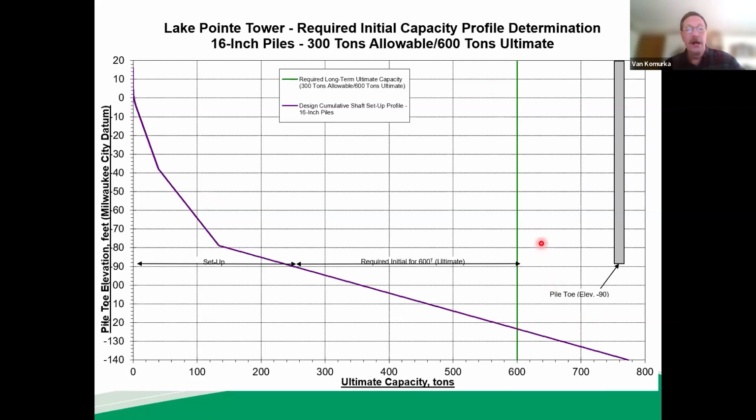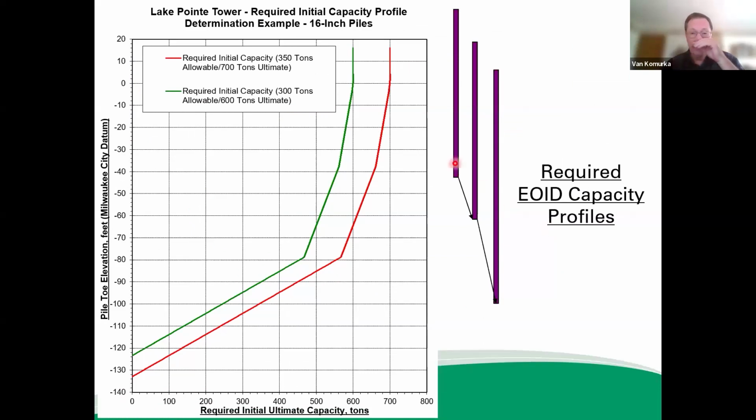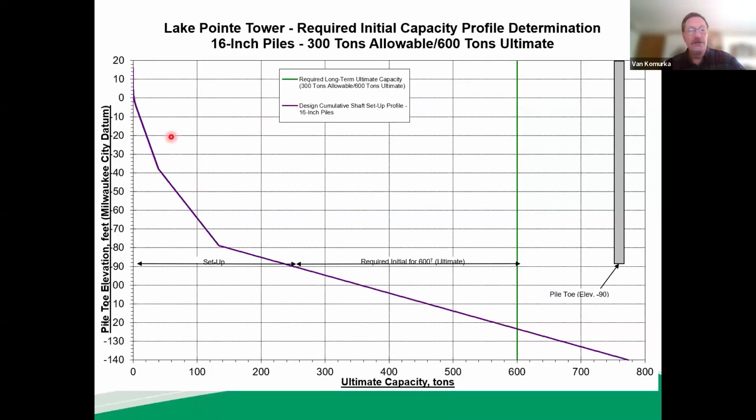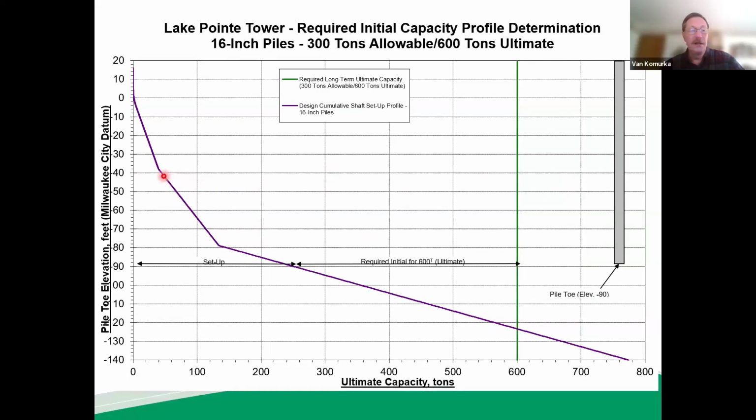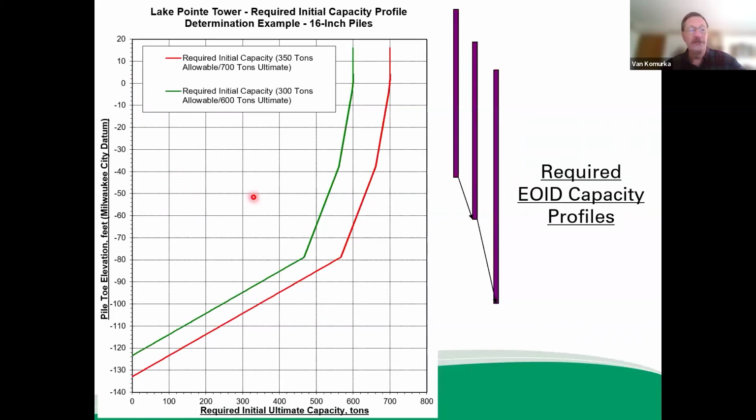So how do we develop criteria from that? Well, if we plot just the required initial capacity, in other words, just the distance between the setup and either this red line for 700 tons, or the green line for 600 tons, if we plot just pile toe elevation versus required initial capacity, these are the plots we get.